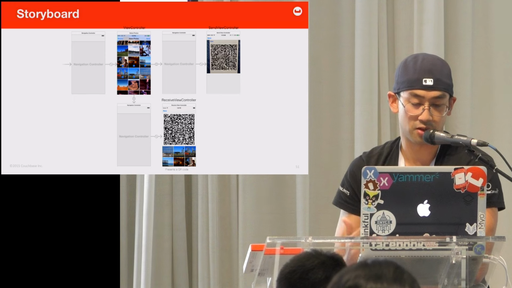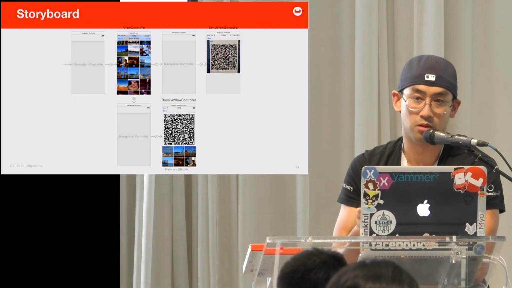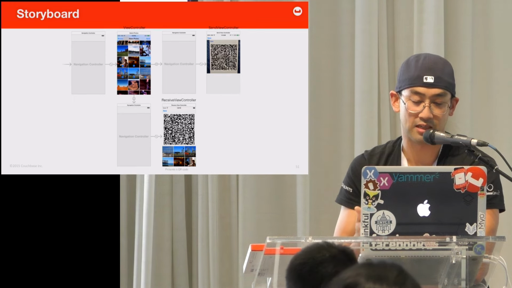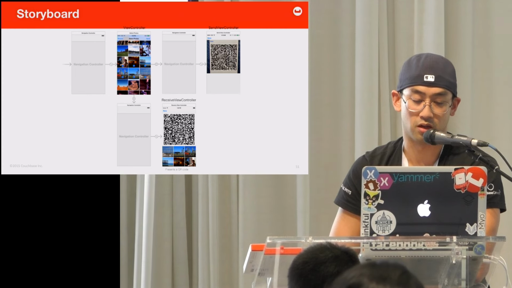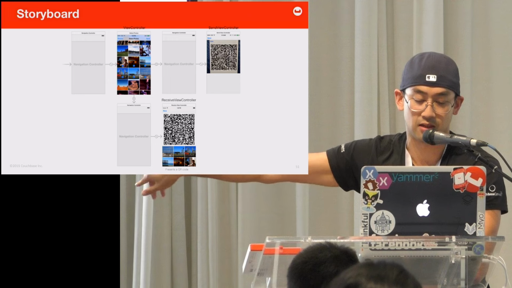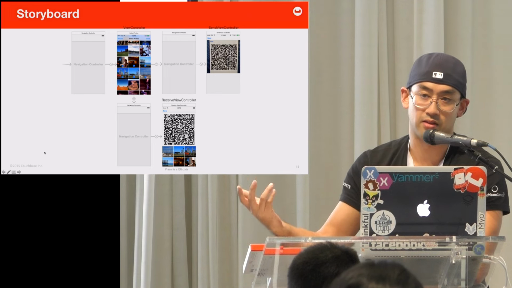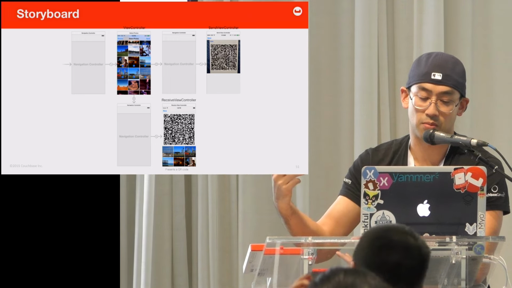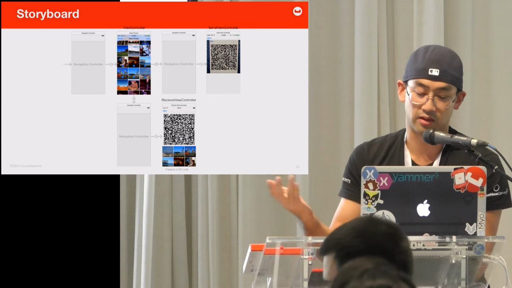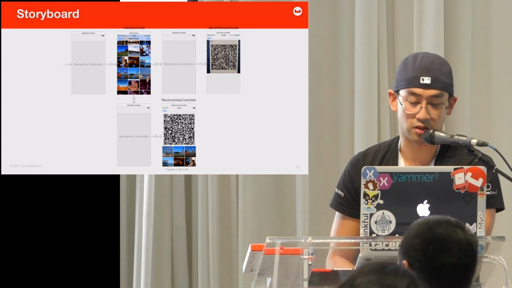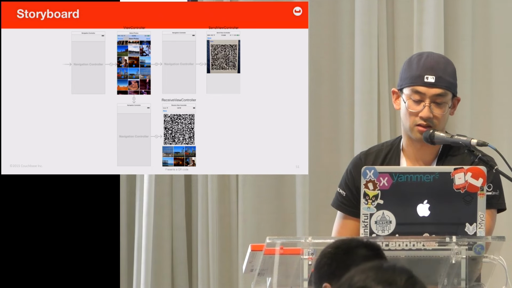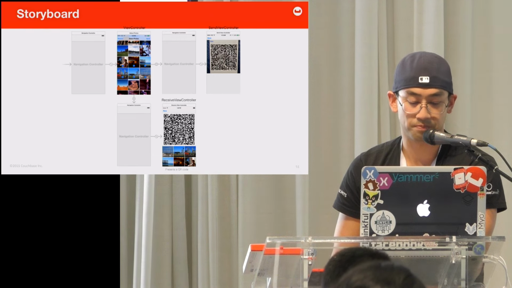If you press send, your photo album will show up. If you press receive, you will be given a QR code on the bottom right, and the sender will have his or her camera open, and they will exchange contacts or authentication between the two.